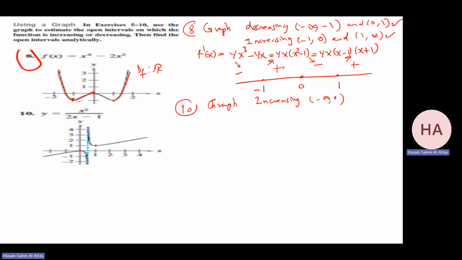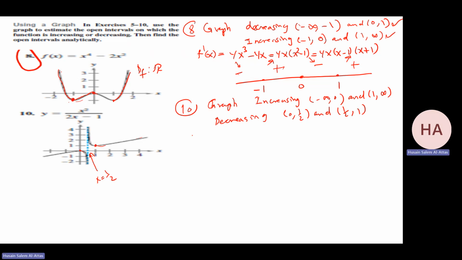Okay, and increasing from here up to the end, from 1 to infinity. Decreasing. I think this is x equals half. So it's decreasing from 0 to half, and half to 1. Also here is decreasing.